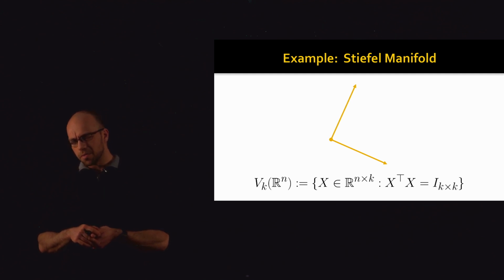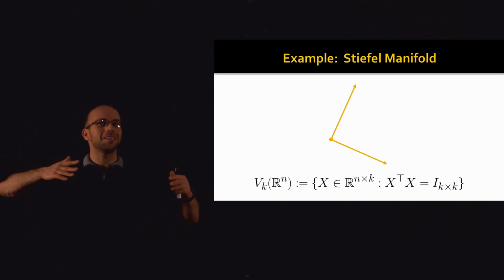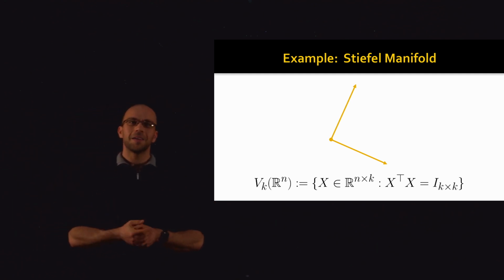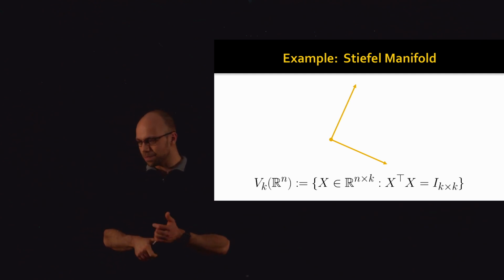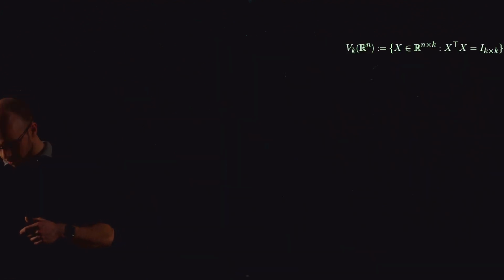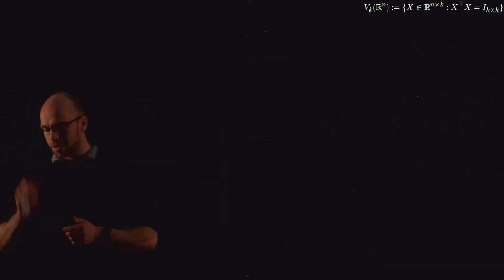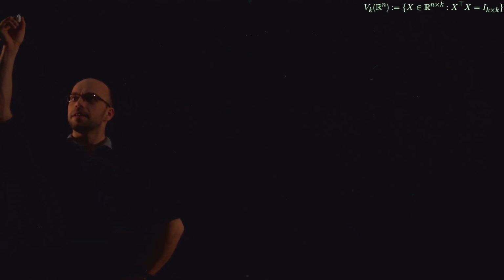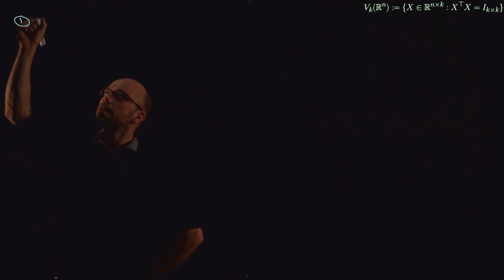And again, once we have a tangent space and a way to project onto the tangent space, as well as a retraction, now we can optimize on this manifold using manifold gradient descent, which is pretty cool, because problems like principal component analysis can be understood as optimizations on the Stiefel manifold. Okay, so let's get started with that. As usual, I'll hide our formula on the upper right here. So the first ingredient that we're going to need is the tangent space of our manifold.